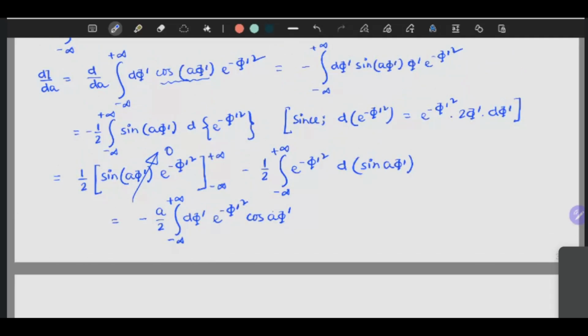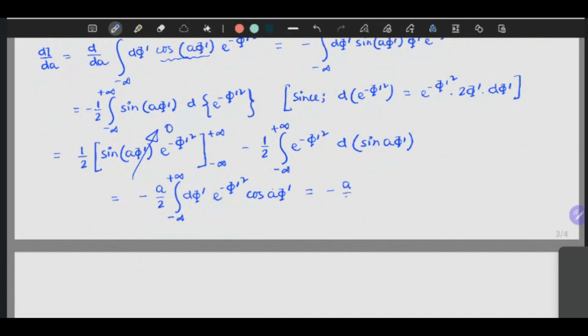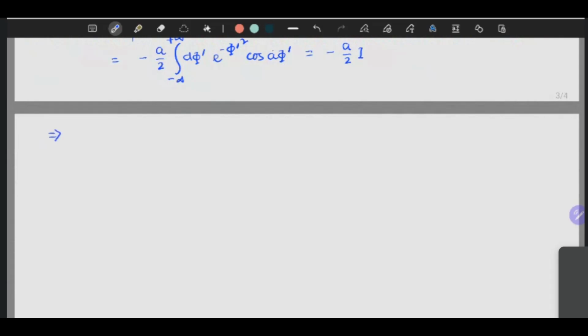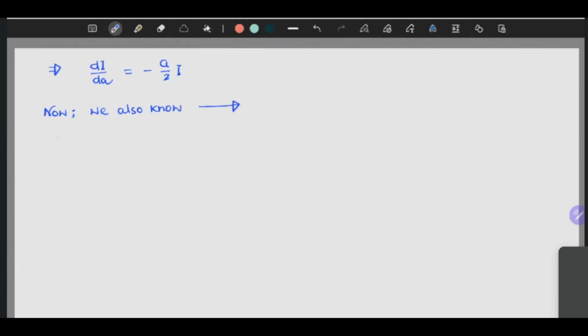Now this was the I, so this becomes minus a by 2 I. So basically you will get dI by dA is equal to minus a by 2 I. Okay, so here we are doing the calculations from scratch, so please follow this.